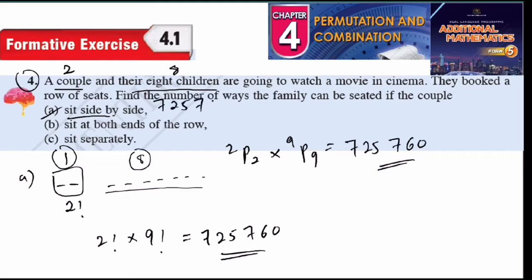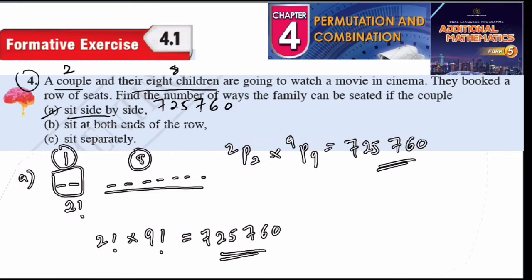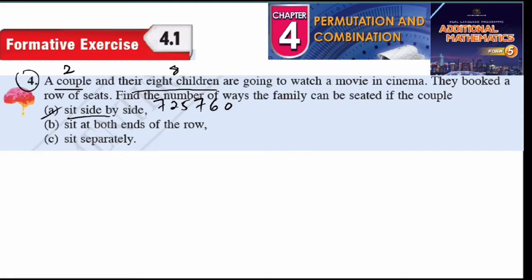So there are 725760 ways to arrange the couple sitting side by side with the 9 objects to arrange. Remember that even though the children are 8, we have to consider the couple as arranged with them. So it's 9P9. Let's proceed to B.